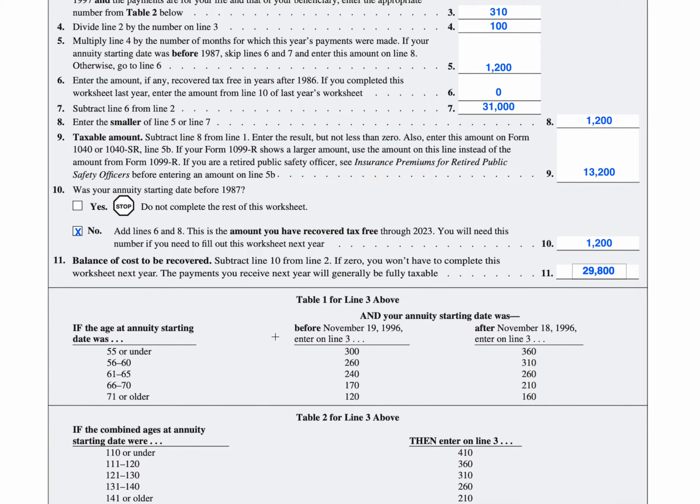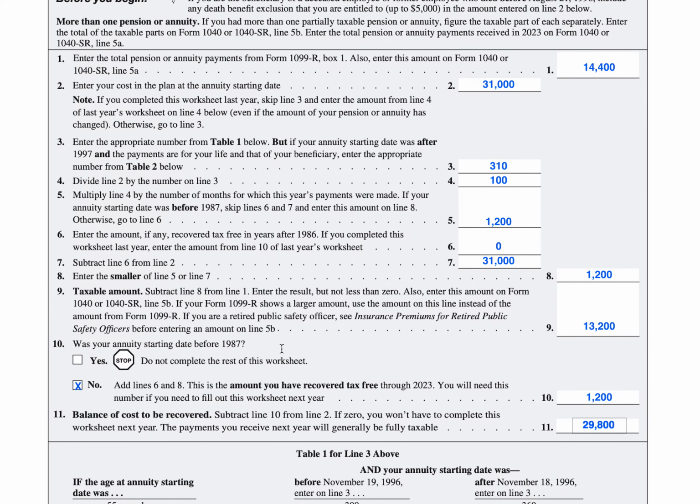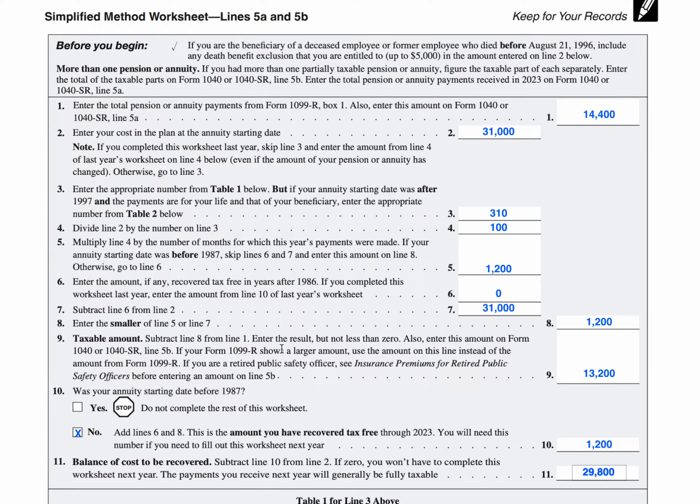Again, Table 1 is for a single life. If there are two, like a joint and survivor annuity, then you would enter the number for the combined ages. We'll get to that momentarily. Bill's tax-free monthly amount is $100, as shown on line 4 of the worksheet. Upon Bill's death, if he hasn't recovered the full $31,000 investment, then his spouse will also include $100 from her $600 monthly payments.